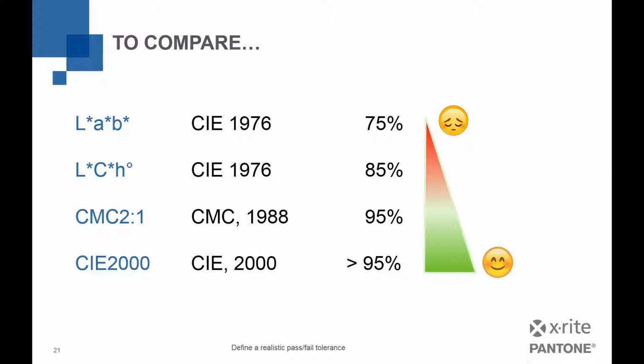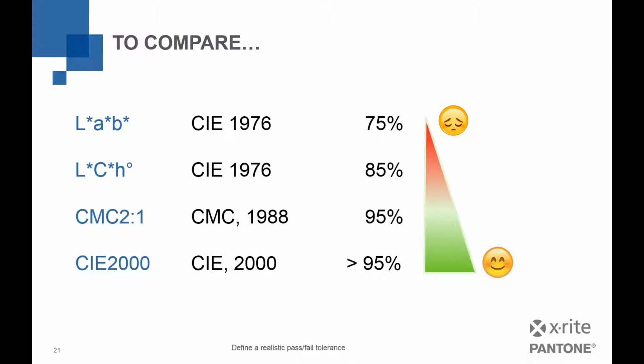Now, all three of these, C-Lab, CMC, Delta E 2000, my personal experience is that all three of those are currently used within the industry, certainly the industries that I work in. C-Lab has been around for like 35, 45 years now. It's used quite widely. If it's used correctly, that can be quite successful. CMC probably has obviously significant improvements over C-Lab, and there's been quite a lot of uptake in the last 10 to 15 years.